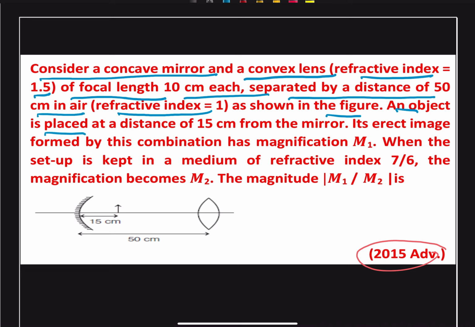An object is placed at a distance of 15 cm from the mirror.